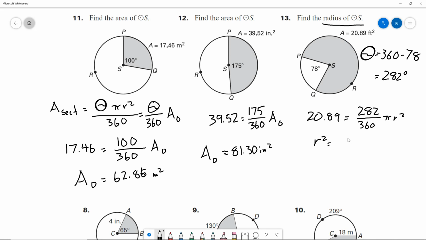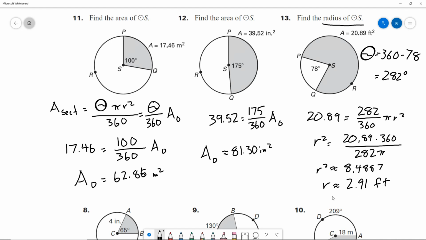So that's going to let me have that it's going to be 20.89 times 360 over 282 pi. Plugging that in a calculator, you're going to get r squared is going to be approximately 8.4887. And now I just want to take the square root of both sides, use the positive value, and my radius is about 2.91, and my unit here is feet.